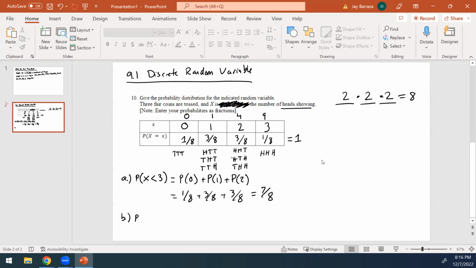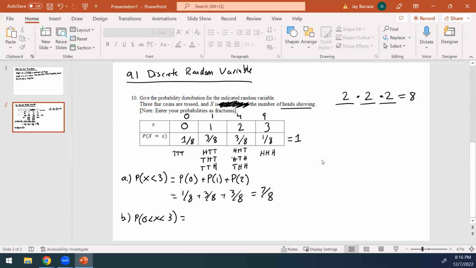Let's say I ask the probability that x is between, sorry, I miswrote that. Probability x is between 0 and 3, right? So the probability between 0 and 3. Also, if I do make a mistake, just cut me off. Don't type it in the chat, literally just unmute yourself and cut me off so that I can fix it, because sometimes I get focused on writing that I don't read the chat until I'm done.